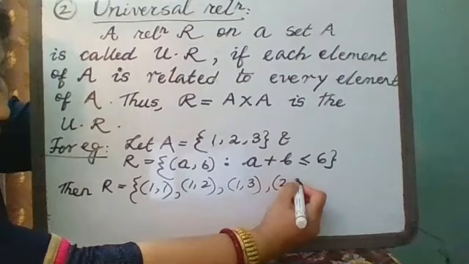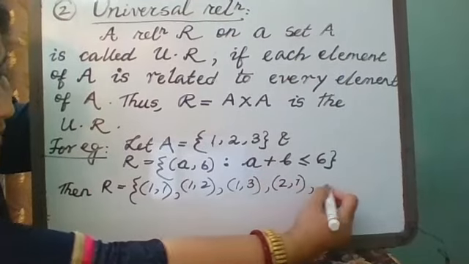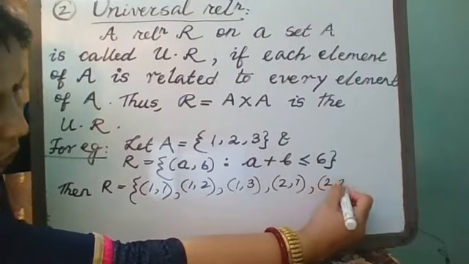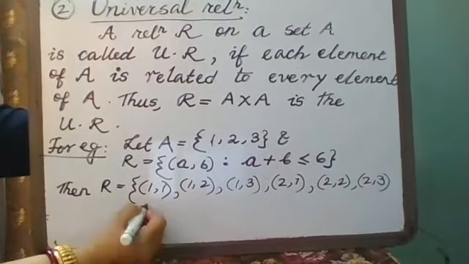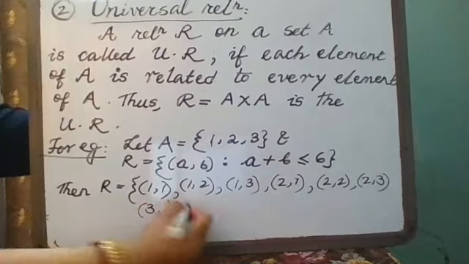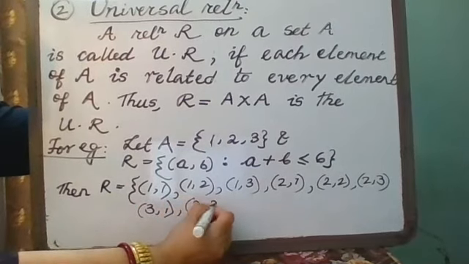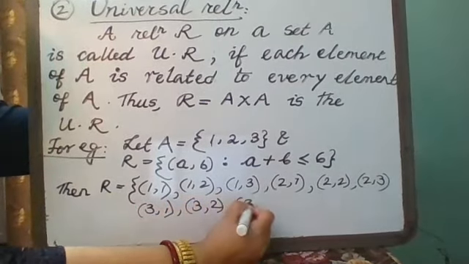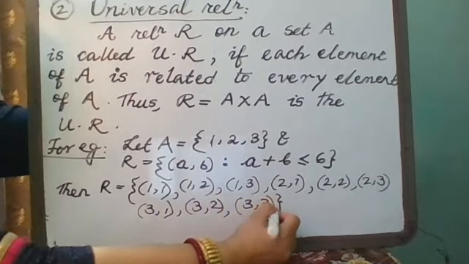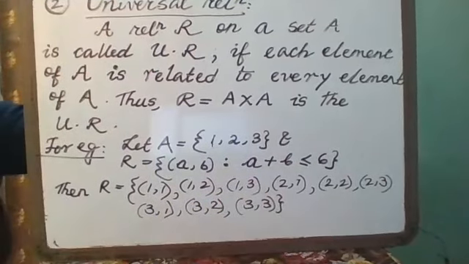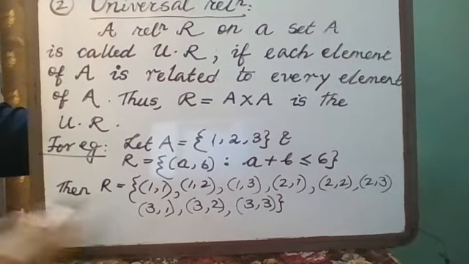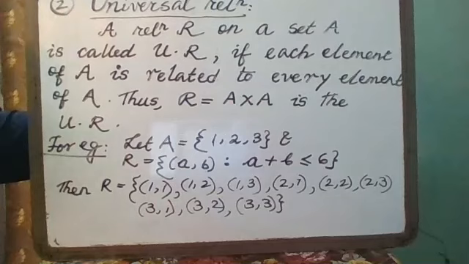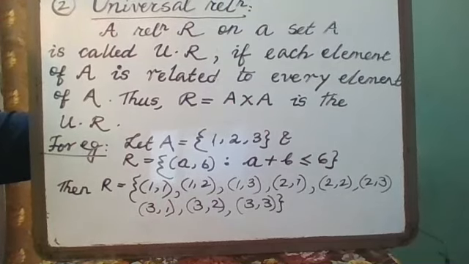Then 2, 1. It will be less than 6. 2, 2. 2, 3. 2 plus 3 is 5. Less than 6. Then 3, 1. Less than 6. 3, 2. Sum is less than 6. 3, 3. Sum is equal to 6. In the statement it's mentioned A plus B can be less than or equal to 6. So this is set R in the roster form. You remember roster form, no?